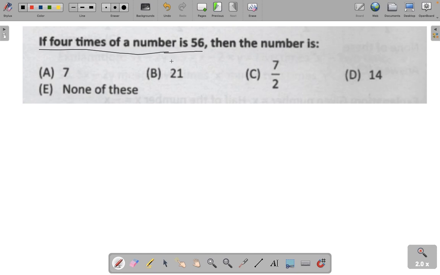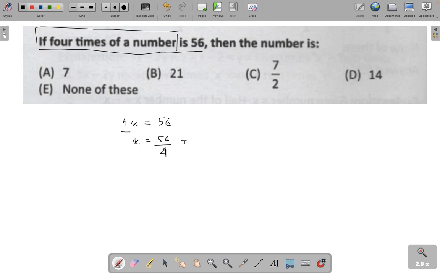Yeah, very good, Aradhya. So 4 times of a number, this is the algebraic expression. Let the number be x. So 4 times that number will become 4x. If 4 times a number is 56, it is saying 4x is equal to 56.